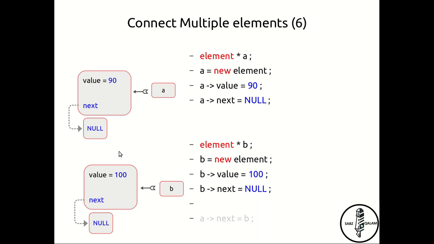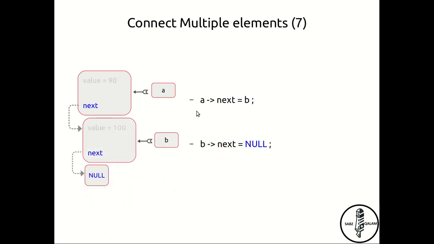Now that we have two elements, how do we connect them? It's actually fairly easy. What you do is that A's next now has been assigned to B. So A's next now points to B and B's next points to null. This is our complete two element linked list.